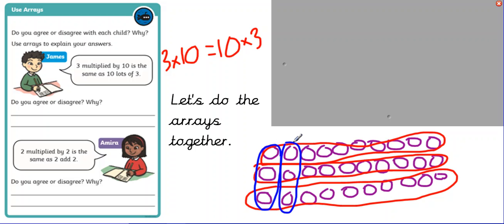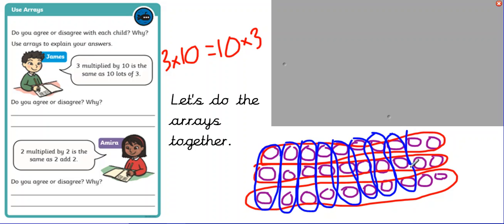So if I keep doing my groups of 3, so that's 2, that's 3, that's 4, 5, 6, 7, 8, 9, and 10. So I have got 10 lots of 3.